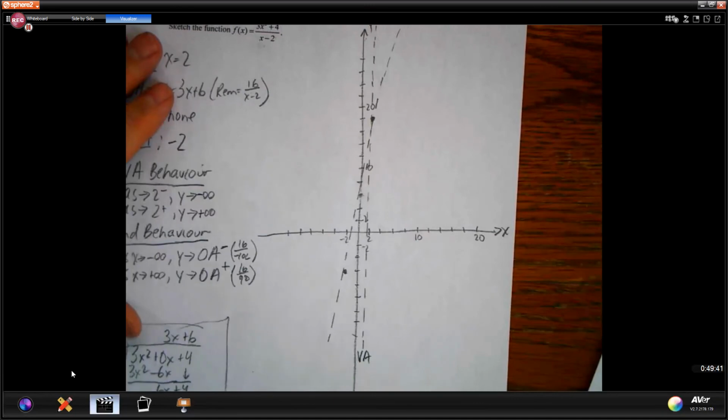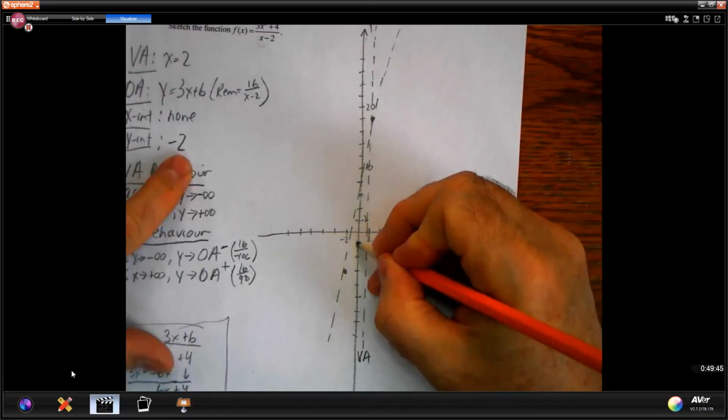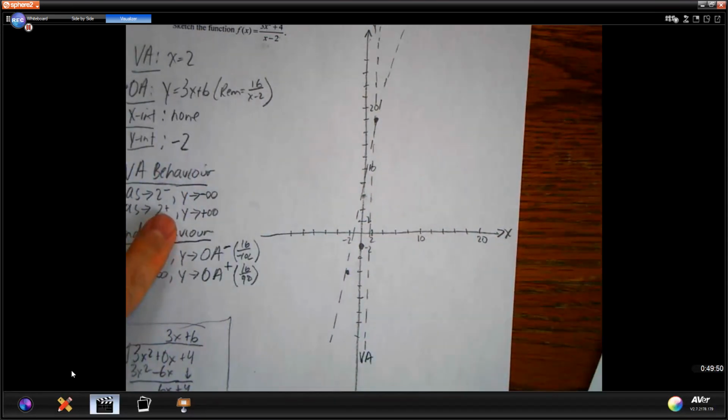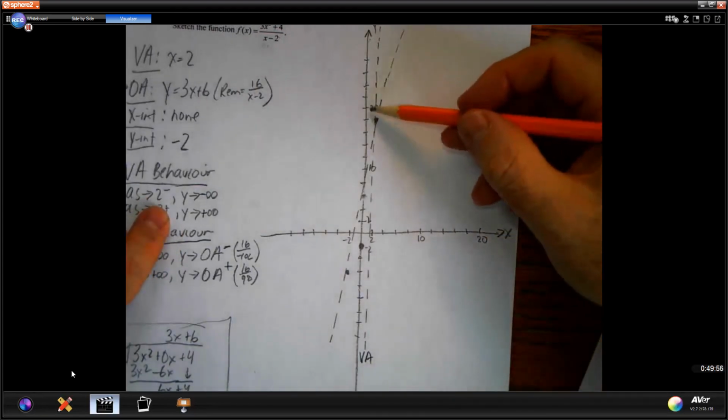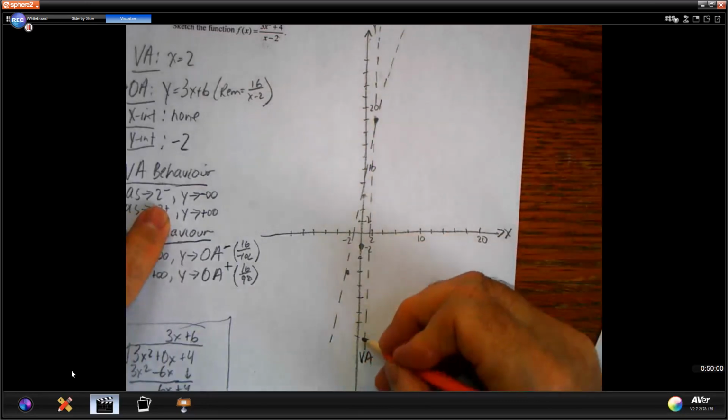So let's start putting in our points. We have a y-intercept at -2. That's all we have for points. As x approaches the vertical asymptote from the left, we're going down, so I have an arrow here.